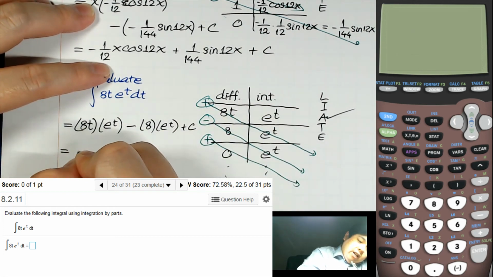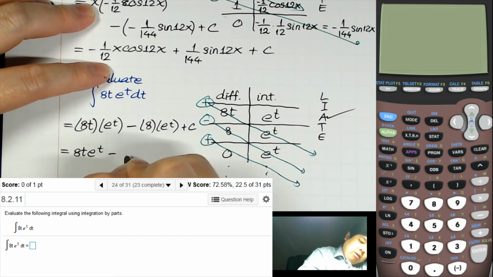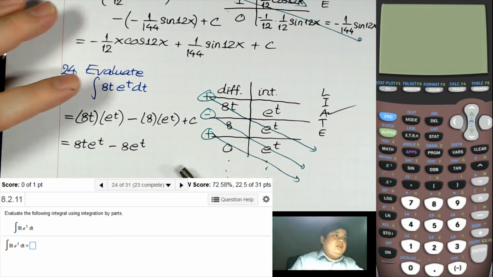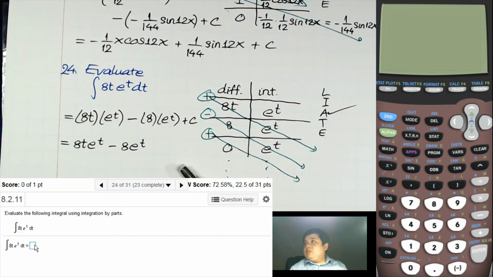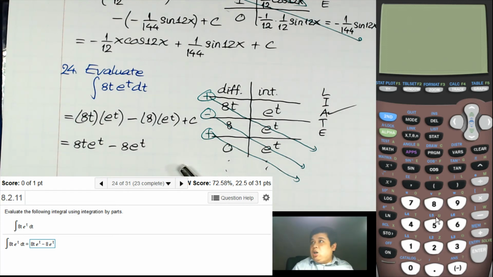So we have 8t e to the t minus 8 e to the t, plus the arbitrary constant c. Don't forget the constant c. If you forgot that on the test, that's all right.